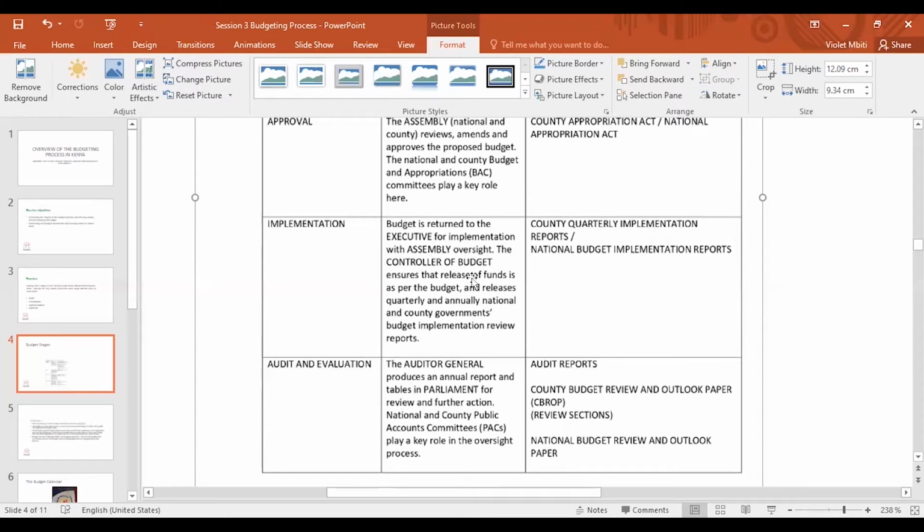The controller of budget ensures that release of funds is as per the budget and releases quarterly and annually national and county governments budget implementation review reports. So you find that Machakos County has to produce quarterly and annually implementation reports so that we can know how that particular money is being utilized, okay?